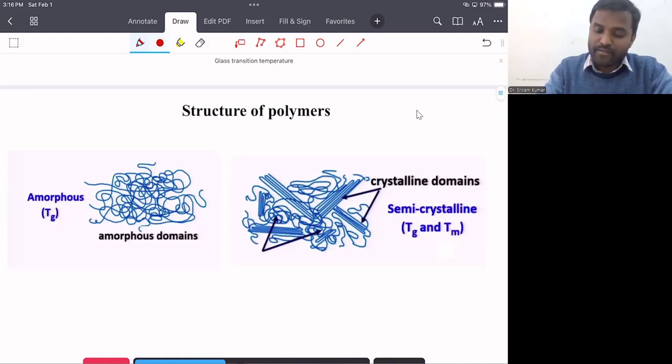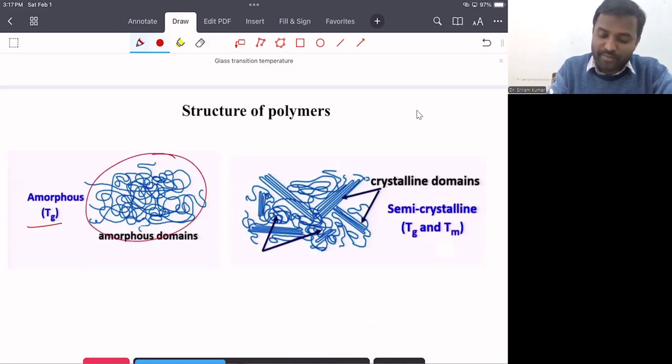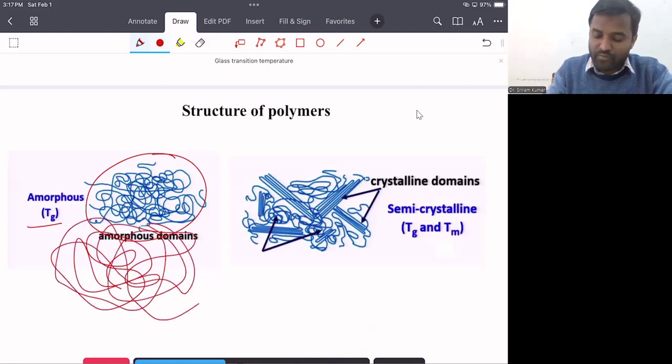First, as we had discussion about the types of polymers based on the structure, we have amorphous polymers. In amorphous polymers, the position of a chain is not fixed. For example, in this case, we don't have a fixed position, so the polymers may be anywhere.